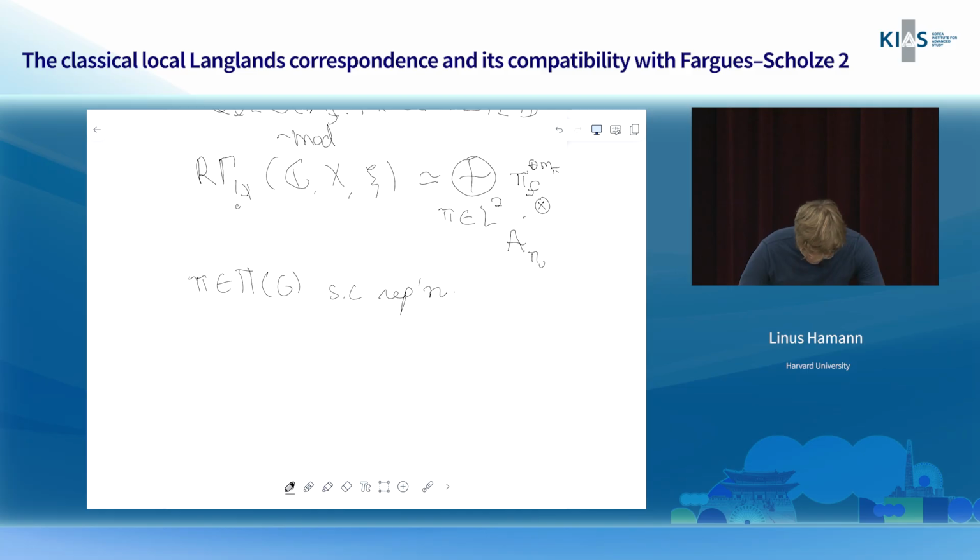But it's tensor by some complex, which I'll call A pi infinity, and then there's some thing having to do with this Archimedean component that you fixed over here, right?